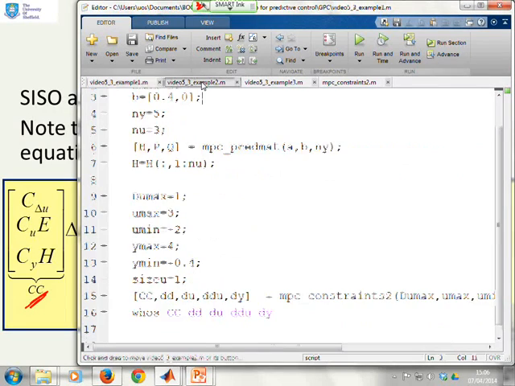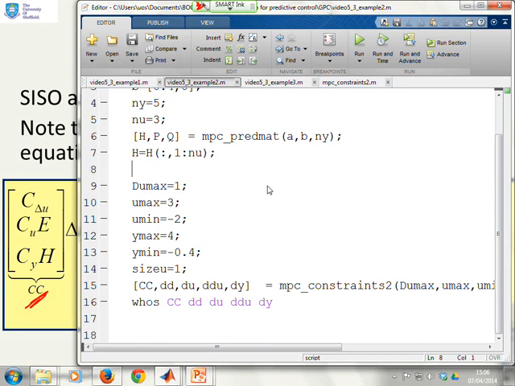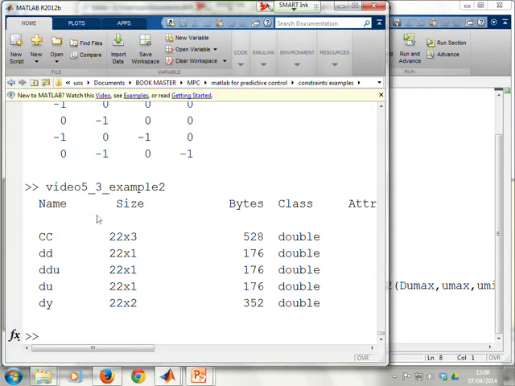If I look at example 2, so here it is. Now I'm just going to run it straight away. Press F5, and then let's have a look. And it tells you how big the things are that it's produced. So CC, 22 rows, 3 columns, because I've chosen NU equals 3. DD, 22 by 1, because that's just got the constraints in it.